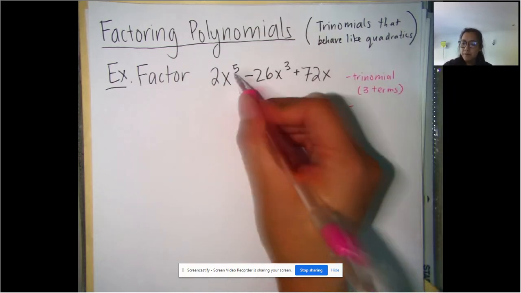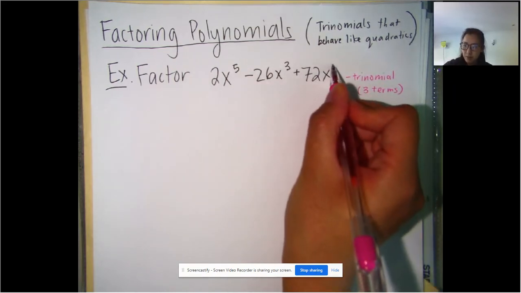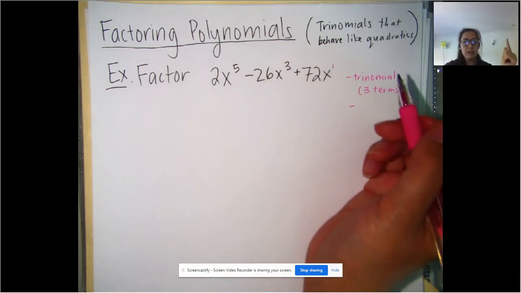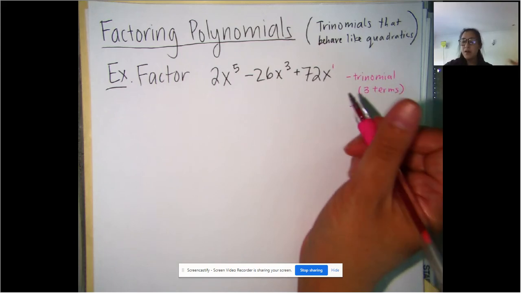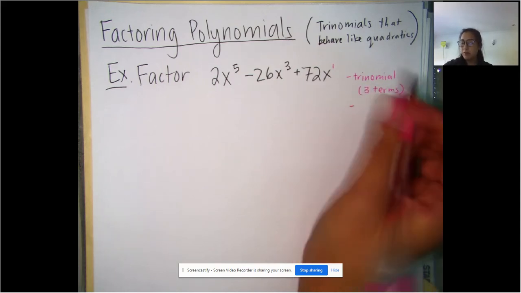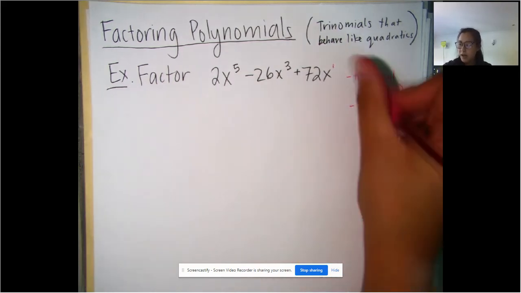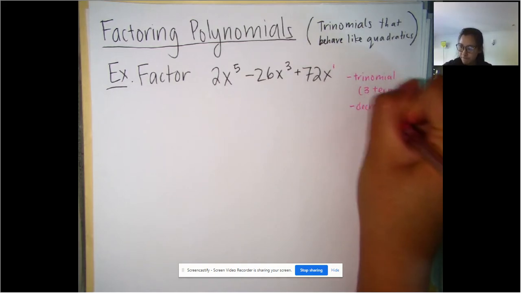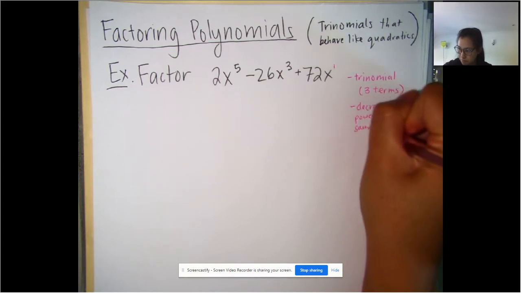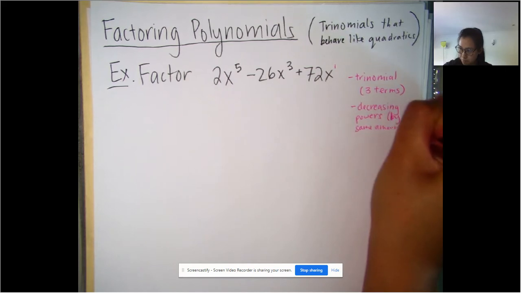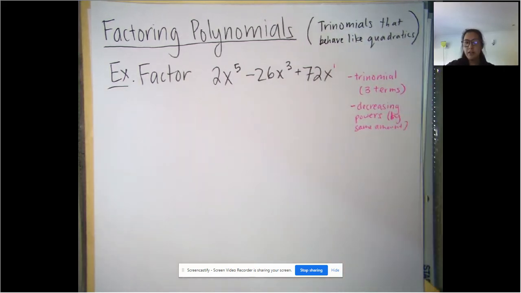So it goes from 5 to 3 to 1, and there's an invisible 1 right there. And so they're decreasing incrementally and by the same amount, then we can probably use this method. So if you see a trinomial and decreasing powers, then you're going to be able to use this method.